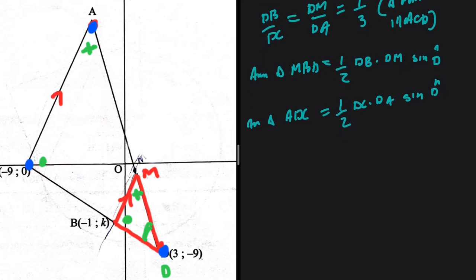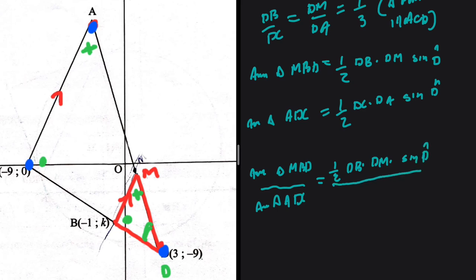So now we can proceed to the ratio and say that the area of triangle MBD over the area of triangle ADC is equal to a half DB DM sine of angle D, everything divided by a half DC DA sine of angle D, right?